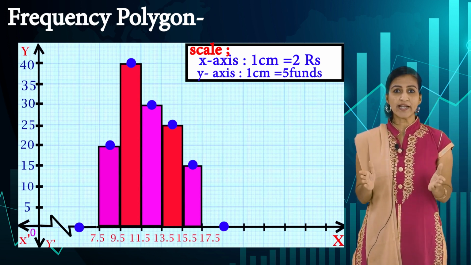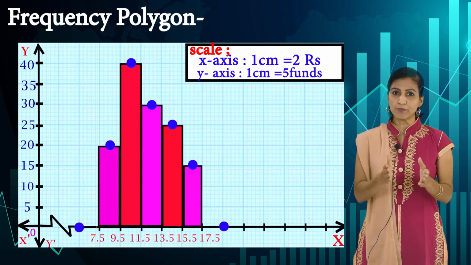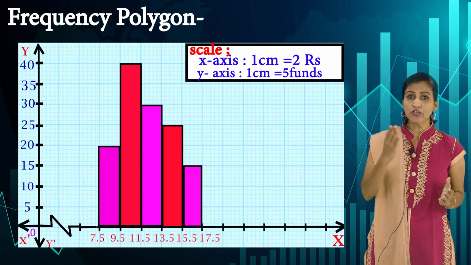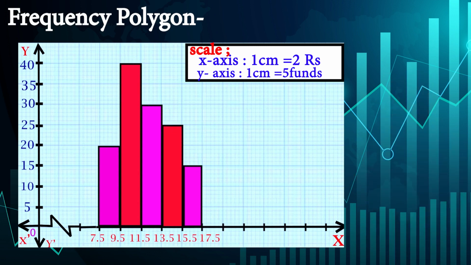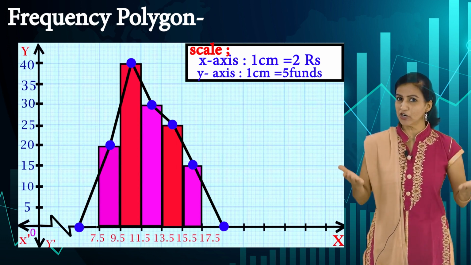Similarly, assume a rectangle succeeding the last rectangle and mark its midpoint. Subpoint 3. Join all midpoints in order by line segments. The closed figure so obtained is the frequency polygon.